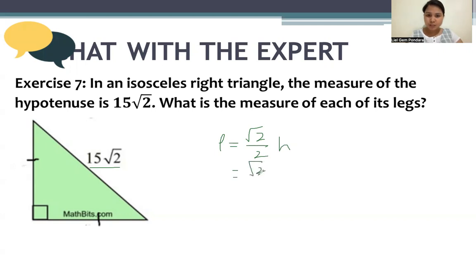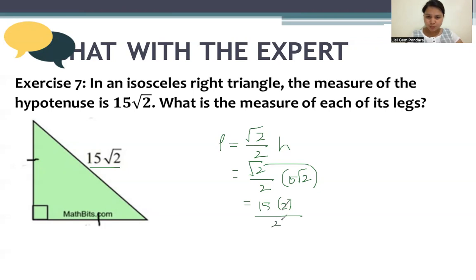Our hypotenuse is 15 square root of 2. So we have 15 square root of 2 times square root of 2 over 2. That is 2. We cancel the square root of 2 over 2.